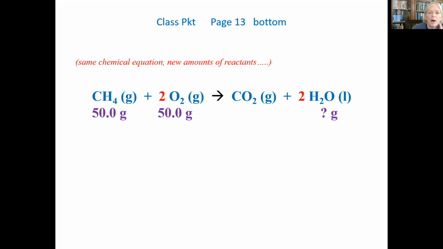Now you're going to have math to do. Coefficients do not represent mass ratios, so now you're going to have to do extensive stoichiometry. You'll have to figure out how much water you would make if 50 grams of methane was used all the way to make water. How much water would you make if 50 grams of oxygen was used all the way to make water?